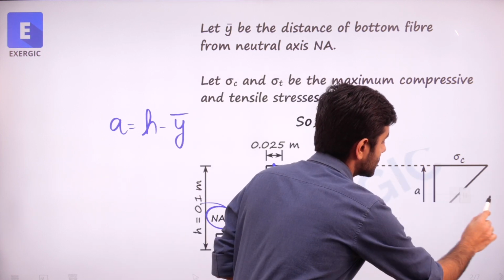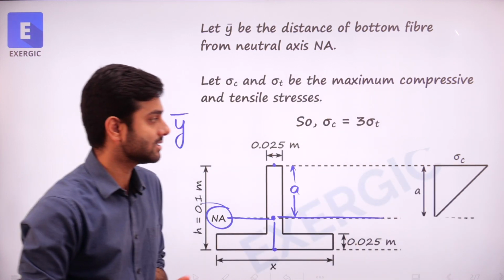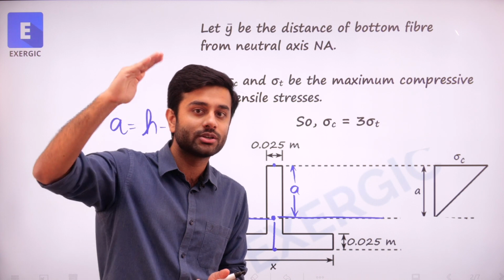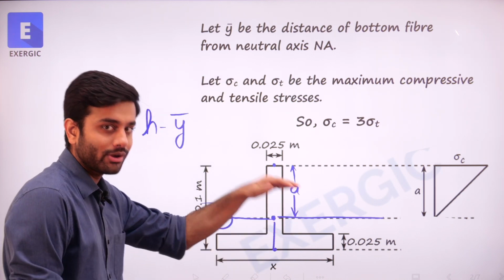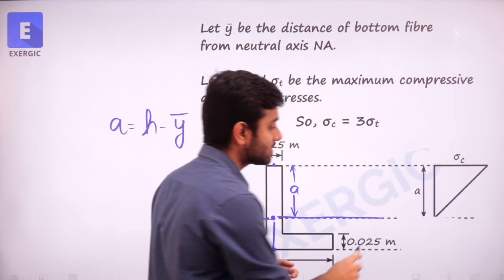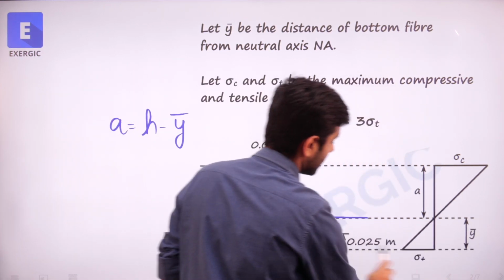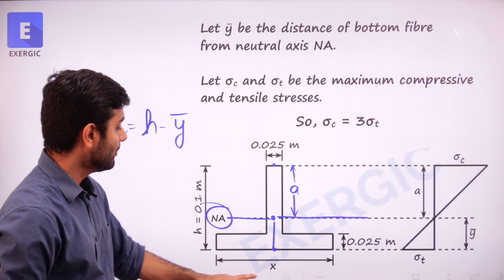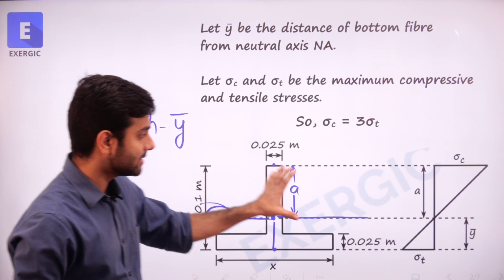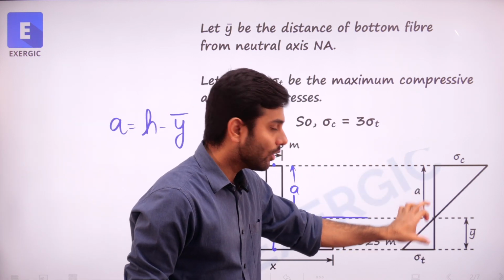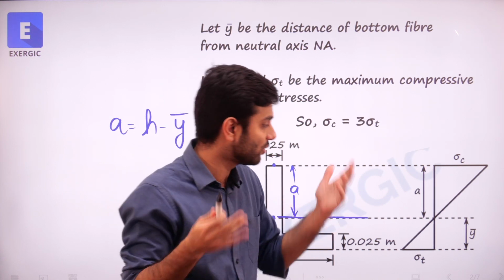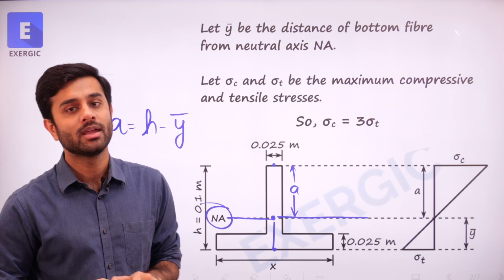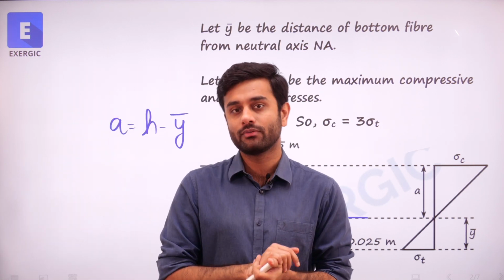So this is how it is going to look, the compressive stresses in the portion above the neutral axis in sagging, and the portion below the neutral axis in sagging will have tensile stress, something like this, correct? So this is how this entire section's division of stress is going to look. Please note, exact value we don't know yet. We don't know what is the value of y bar or a. But there's one tip that I would give you here.